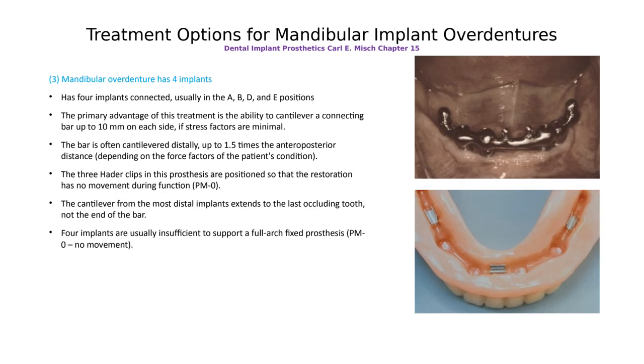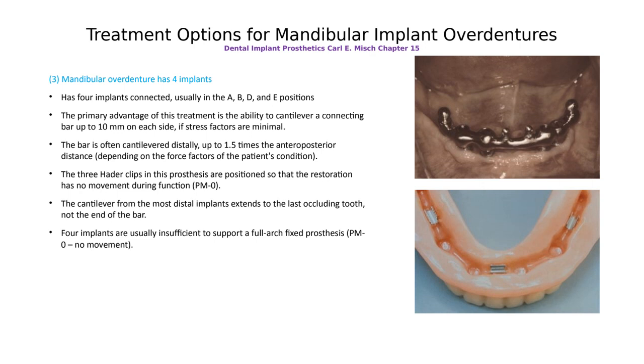The case where we have a mandibular overdenture that has 4 implants, and those implants are placed anteriorly and also sometimes in either the canine area or the first premolar area.